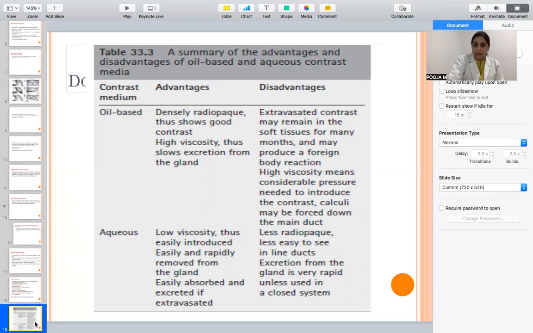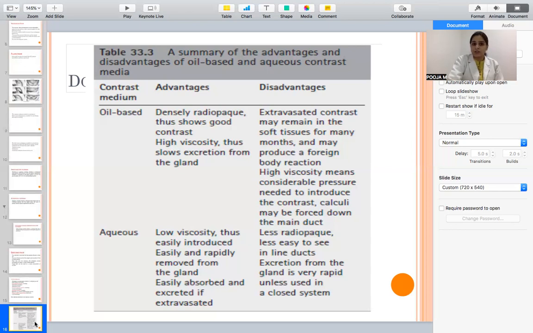Because of its high viscosity, the excretion from the gland is very slow. So even if you delay the procedure, the excretion of this contrast medium will be very slow. It will be retained within the duct, so you can repeat the procedure, and if you want to take the radiograph a second time, the contrast medium tends to be retained within the ductal system. So these are the two advantages of oil-based contrast medium.